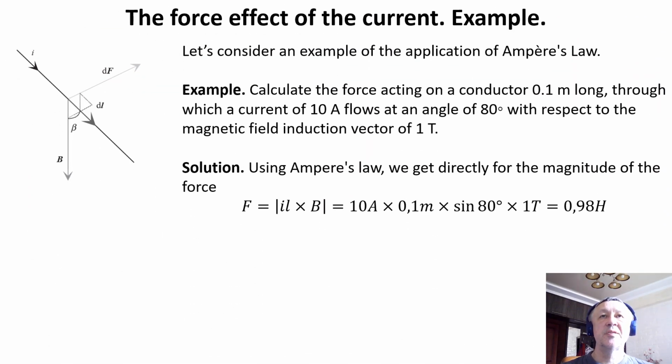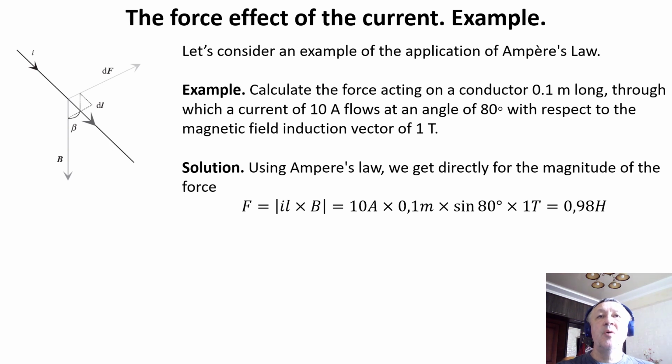Let's consider an example of the application of Ampere's law. In our example, we need to calculate the force acting on a conductor 0.1 meters long, through which a current of 10 amperes flows at an angle of 80 degrees with respect to the magnetic field induction vector of 1 Tesla. Solution.